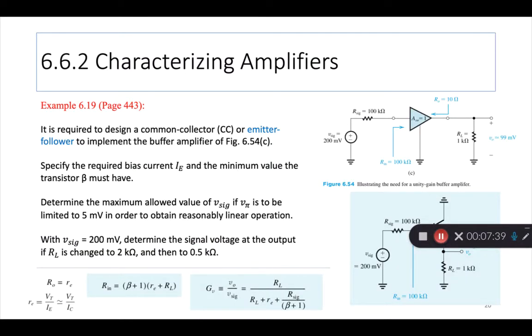Alright, let's move on to the next problem, which is also an example on page 443. Here we are designing an emitter follower, or common collector, circuit. We have seen this unity gain buffer amplifier before.